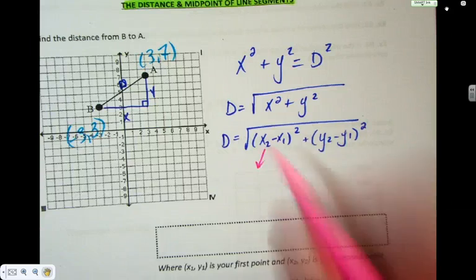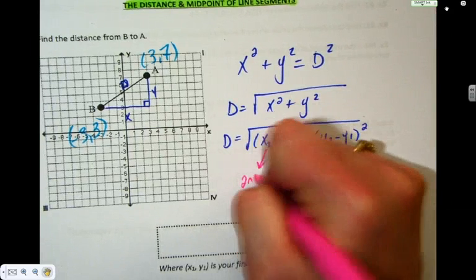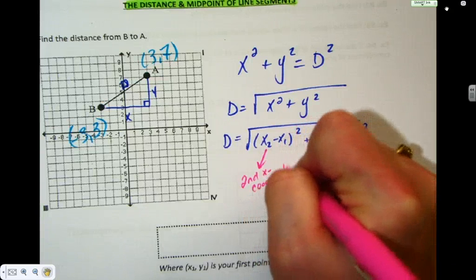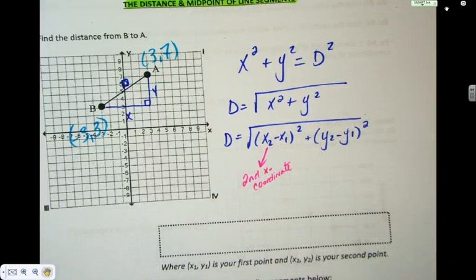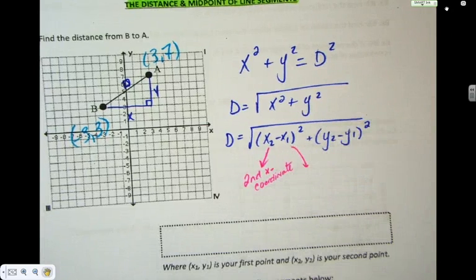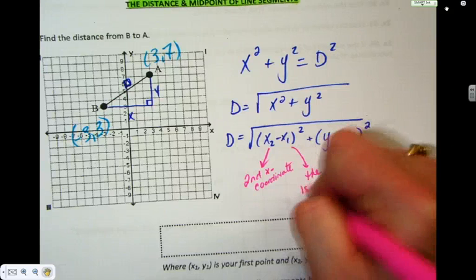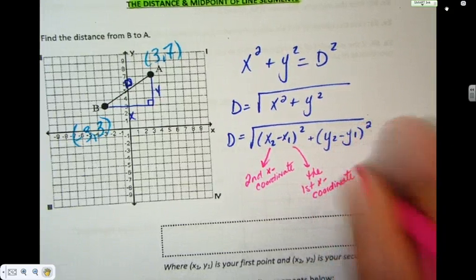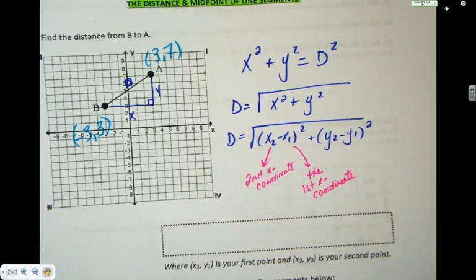So just making some notes, what this means is the second y-coordinate, or sorry, x-coordinate. And x1 means the first x-coordinate. And the only reason we use those little subscripts is because there's two x-coordinates.